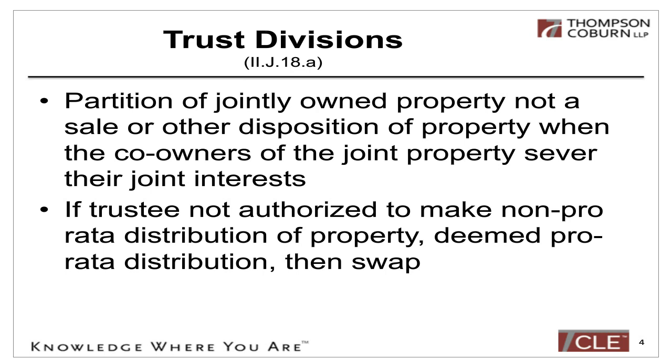So just to start off, the very fundamental idea: the partition of jointly owned property does not constitute a sale or other disposition when the co-owners of joint property sever the joint interest. So they own the property together, and then they say, okay, I'm taking my half, you take your half. We're going to go our own separate ways.